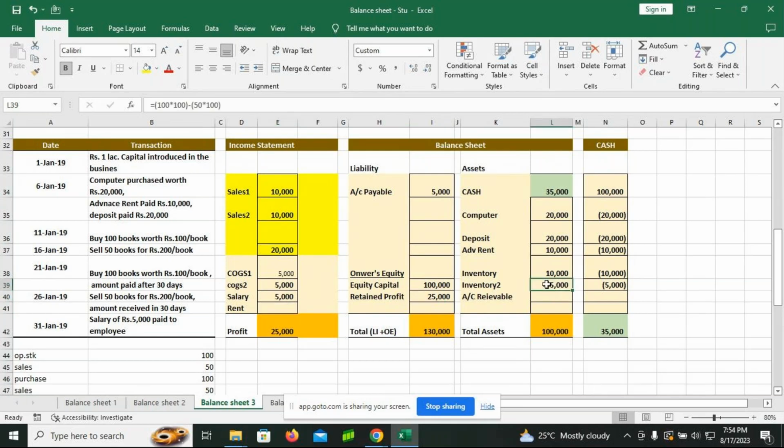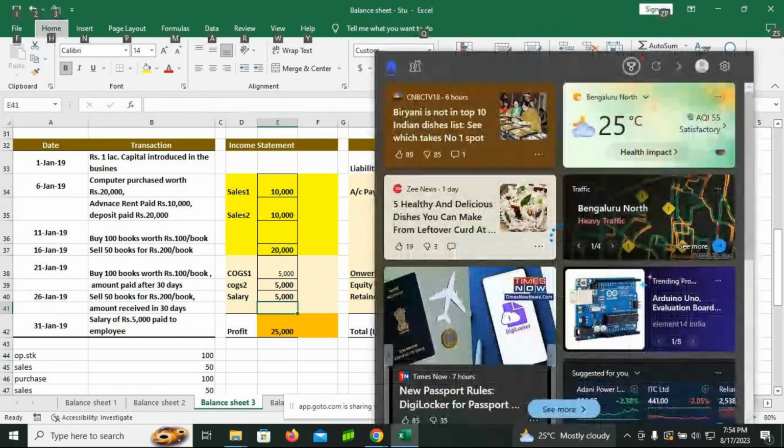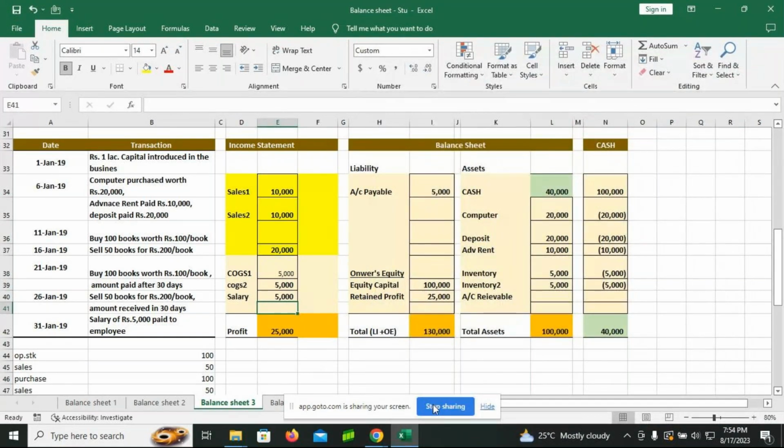So inventory minus 3 into 100, 40,000. 10,000.